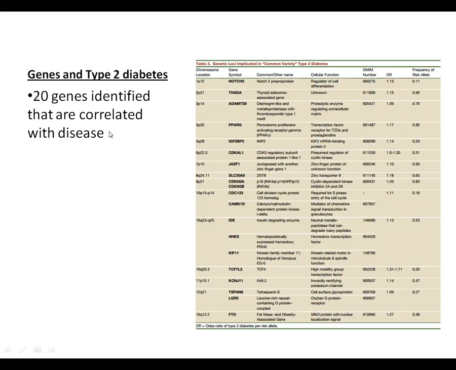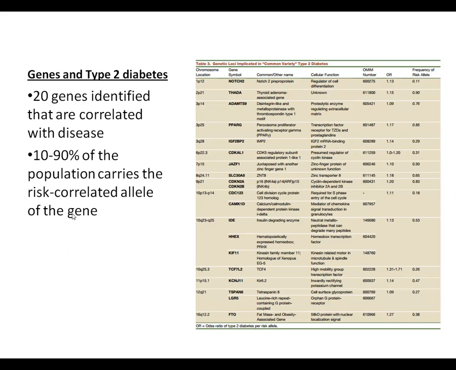And if you have this many genes, there's a pretty good chance that you may have at least one where the allele is defective. In addition, when you look at the distribution of these alleles in the population in general, 10 to 90% of the population in the United States has at least one of these risk-correlated alleles.